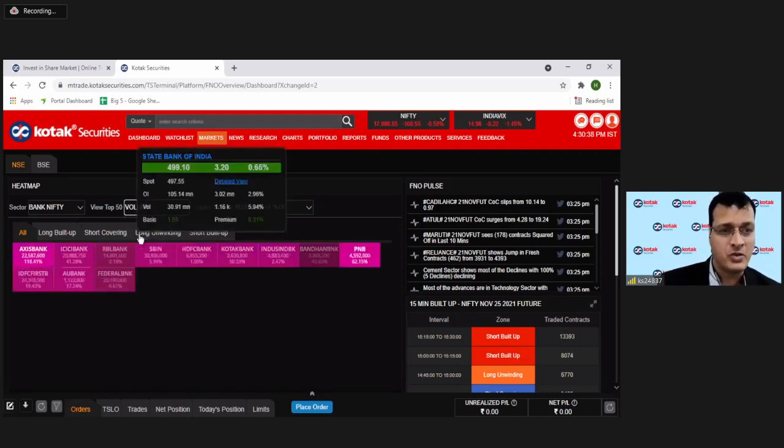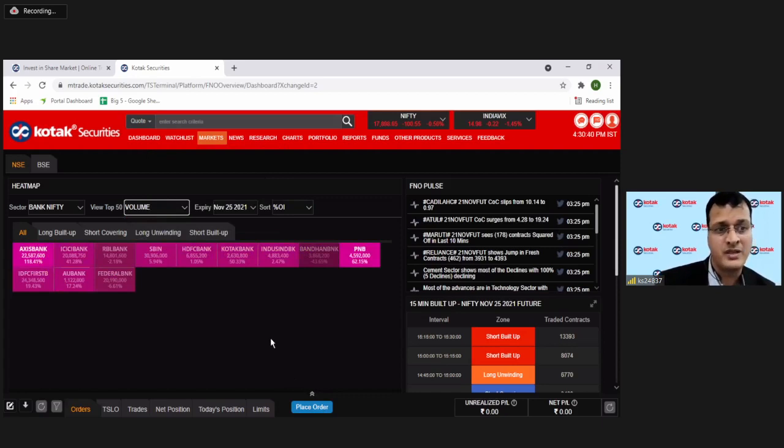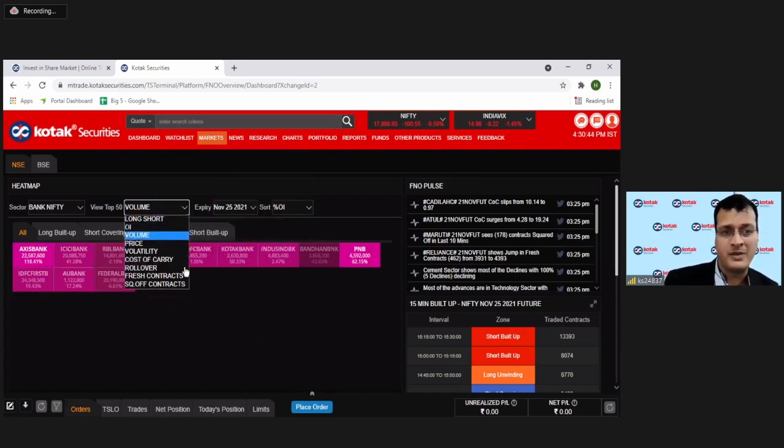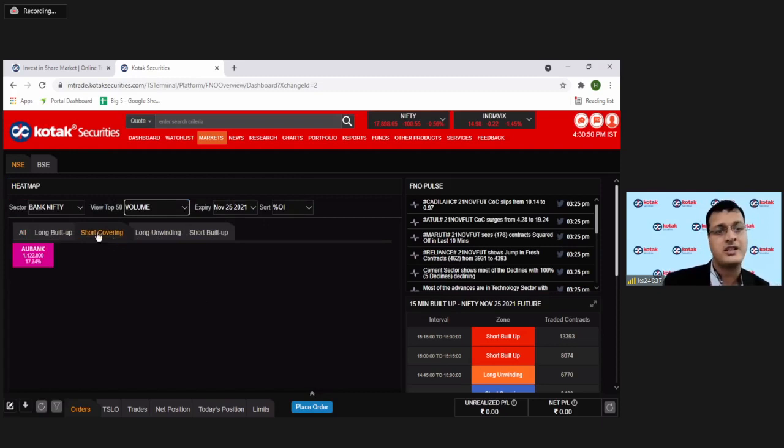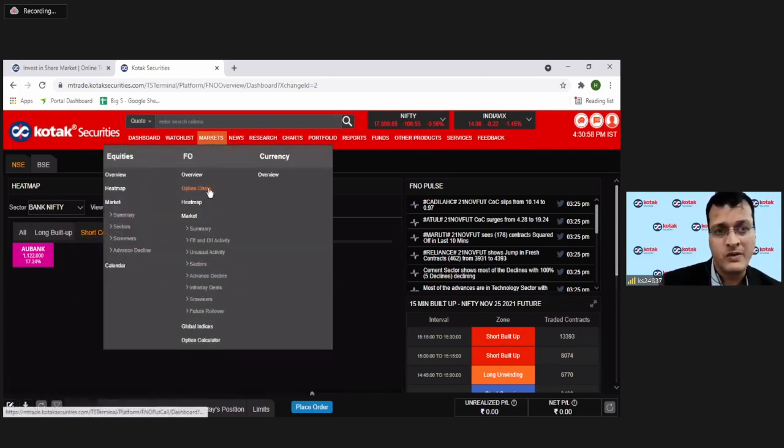If I want to see the stocks which encountered high volume today, I just select the volume tab. And if I want to see which stocks encountered short covering, AU Bank was the one which encountered short covering today. So this is the overview page.